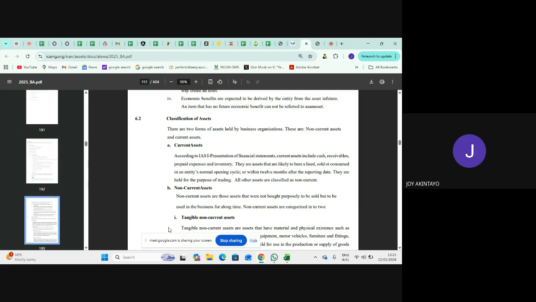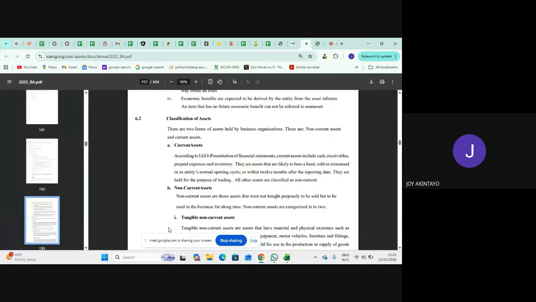So, like I said, now according to IAS 1, which is based on presentation of financial statements, current assets are cash, receivables, prepaid expenses, and the inventory. We see them as assets that are likely to be realized, sold, or consumed in an entity's normal operating cycle, or within 12 months.